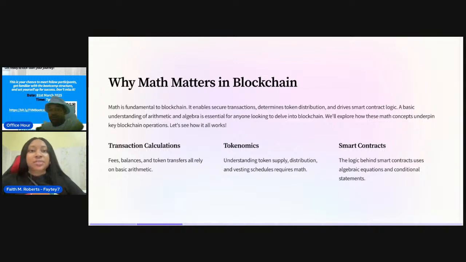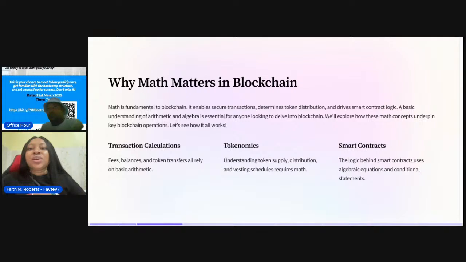Also, for smart contracts, the logic behind writing the smart contract, you need a mathematical understanding to have an edge on how to write your implementation in your smart contracts, how to factor your logic to make it work. You see that many logics have different mathematical operations with mathematical operators like plus, minus, divide, less than, greater than, equal to. All these are mathematical operators that help our logic to function properly in the blockchain space.